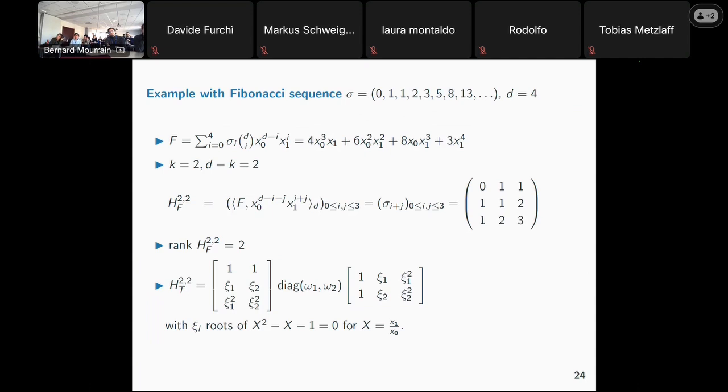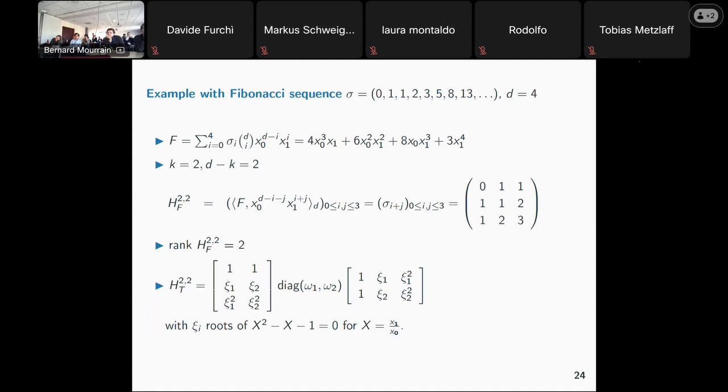And this gives a factorization in terms of Vandermonde matrices, where we have here the Vandermonde for the monomials of degree 2, so 1, x, x squared, and here 1, x, x squared.